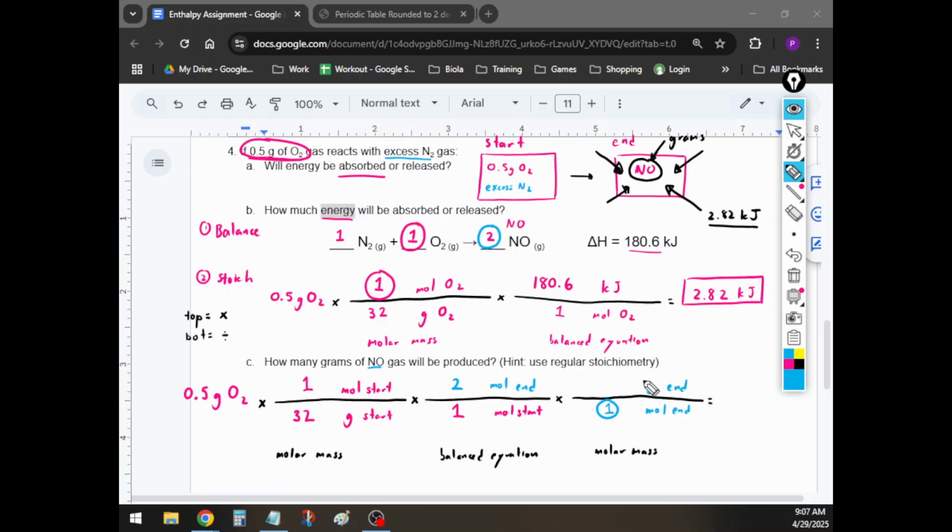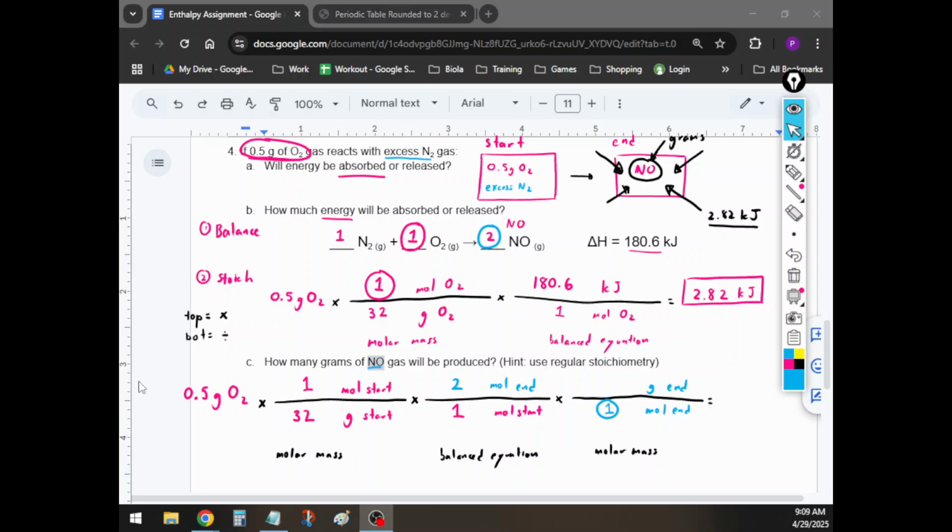And all we got to do now is go to the periodic table and add up the molar mass of NO. So I'll give you guys a minute. I want you to go to the periodic table, find the molar mass of NO, and see if you can fill in this spot right here. And then once you get that, you can just solve all the way through. Again, multiply the top, divide the bottom, and that'll give you your final answer. So let me give you a minute to do that. At least try to get the molar mass of NO, and then we'll review the final answer.